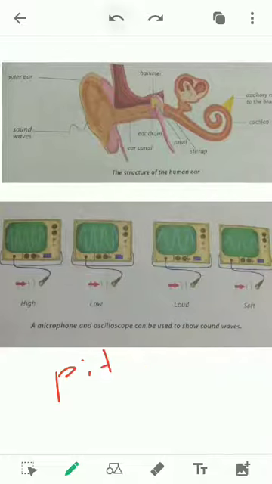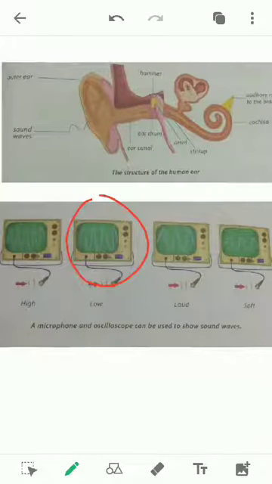There is an instrument which is used to measure amplitude. Here you can see this diagram. This is an instrument used to measure the loudness of sound. We call it an oscilloscope. In this instrument there is a mic here.